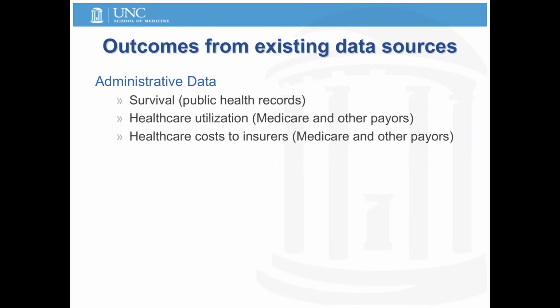On the other hand, you could think about data from administrative sources, survival data from public health records, healthcare utilization, or healthcare costs to insurers available utilizing Medicare data or data from other payers.